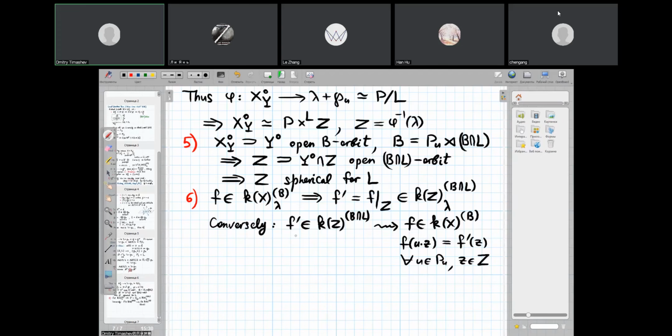So this means that essentially B semi-invariant functions are the same on X and on Z. They are in a one-to-one correspondence given by restriction of functions to Z. And this implies, of course, that the weight lattices are the same.